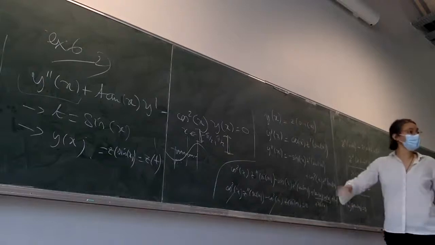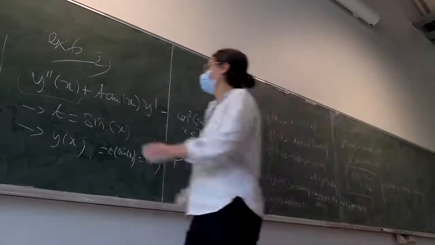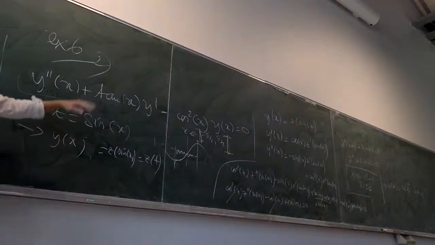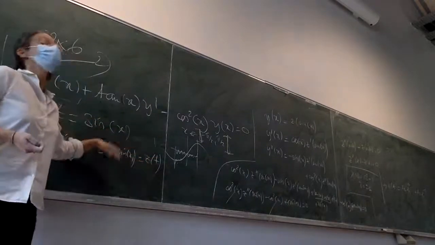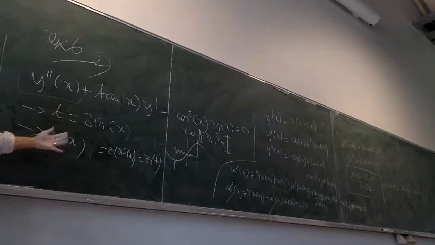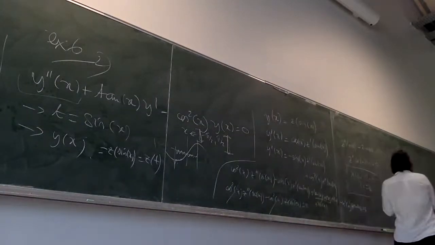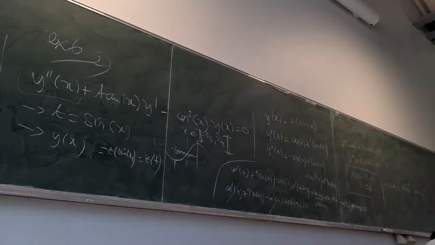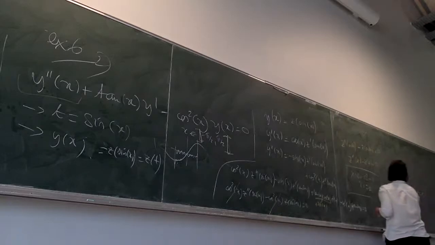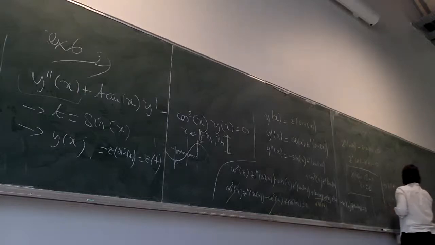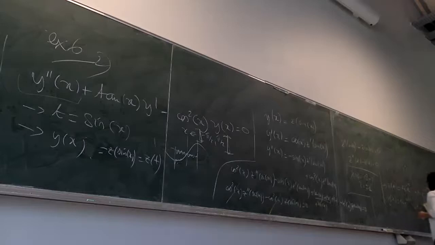I just have now to go back to the original variable, which was t equals sine of x. z of t is equal to z of sine of x is equal to y of x. And so I've just got y of x. I just have to substitute back t by sine of x. y of x is k1 exponential sine of x plus k2 exponential minus sine of x.